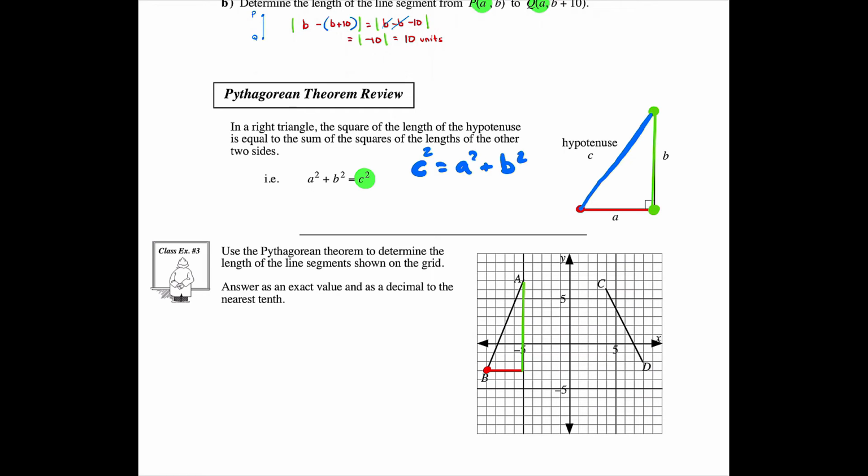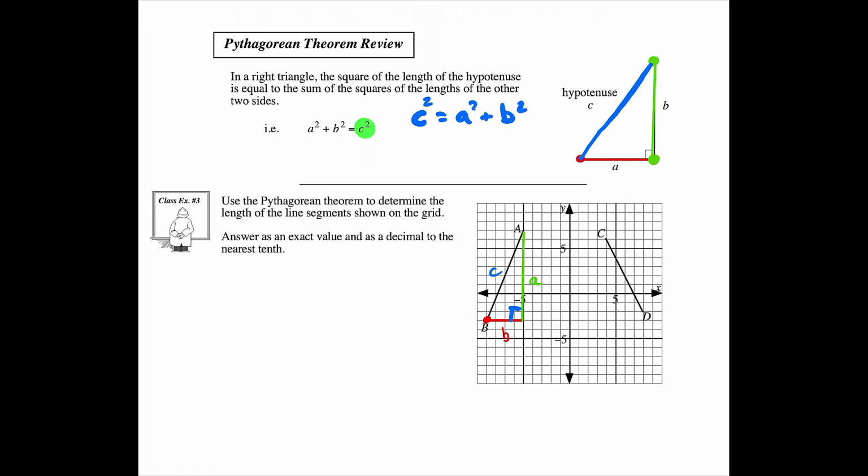So I now have a right angle triangle. I now need to determine the length of B. So we'll call this little one down here B, and we'll call the other one over here A, and we're going to be calculating C. So let's move this up a little bit.